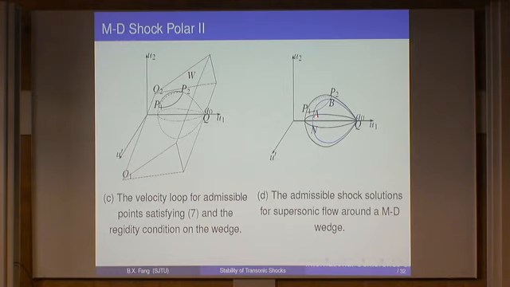It is also the same as the 2D case. But A is always a transonic shock, and B, the weaker shock, is possible to be a supersonic shock, and it is also possible to be a transonic shock. So then we have two shock solutions.